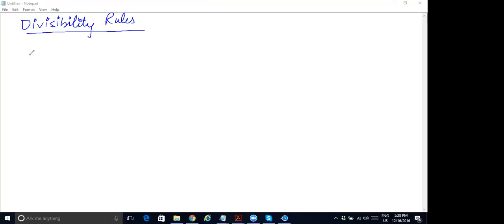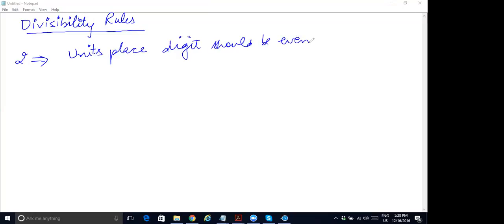Any number that ends in 0, 2, or 4, if it's an even number, then it's divisible by 2. Yes, the units place digit should be even. For 3, anything whose digits add up to a multiple of 3. Yes, so the sum of the digits is divisible by 3. Correct.